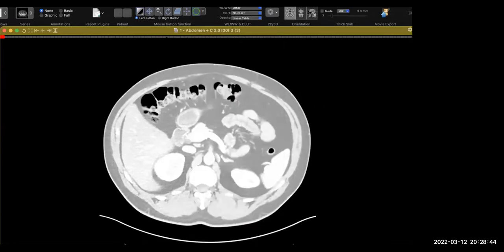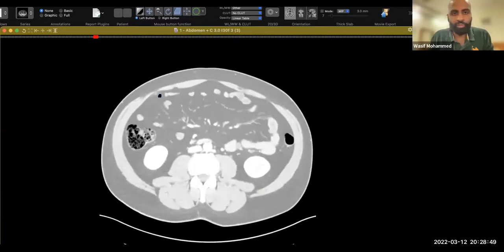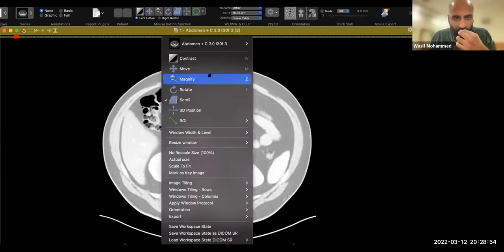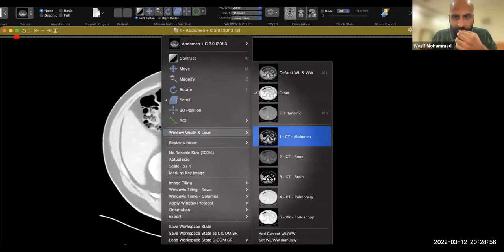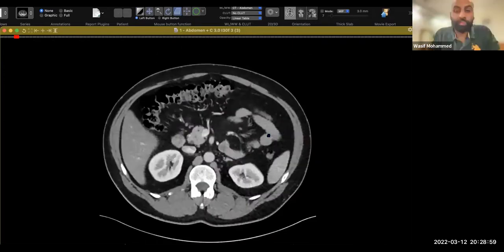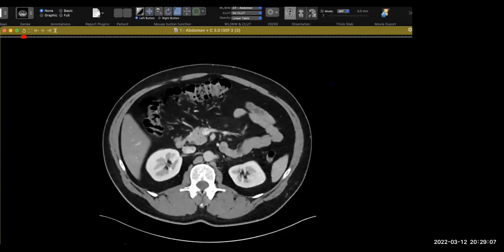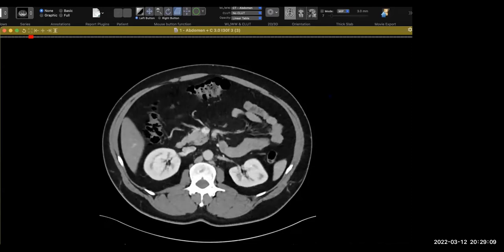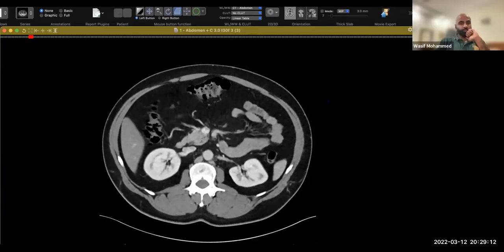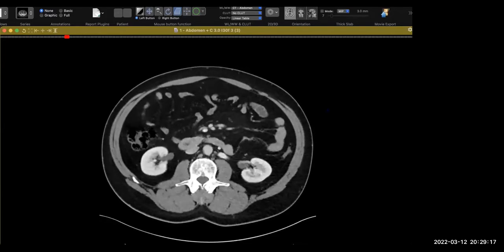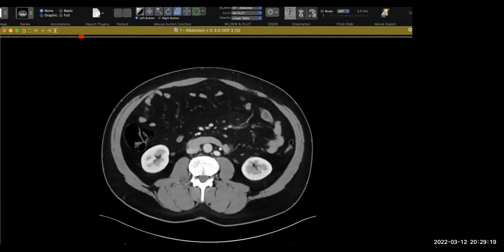Shall I just scroll using the mouse wheel, or do you want me to use the right arrow? Either way, you can use the bar or the mouse wheel. I forgot right now how to reset. All right, so you can take back the remote control. Okay, I'm going through this data set craniocaudally, and it seems to be a bit stuck. It's a bit slow.